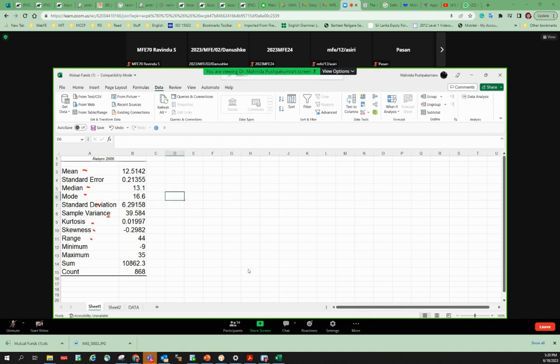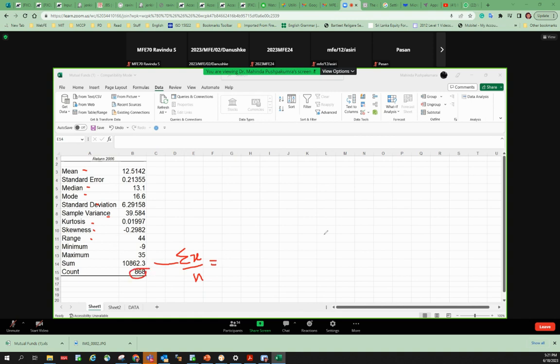What is this sum? Now our variable is return. When you add all these values of return, that means the sigma x, where x is the return, divided by n. N is this value.